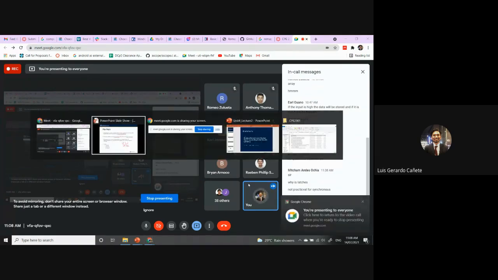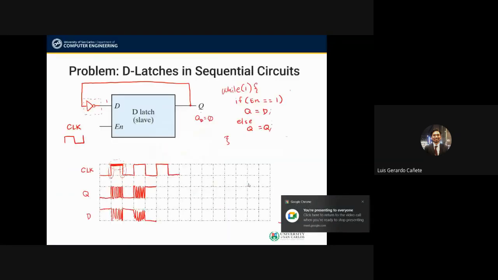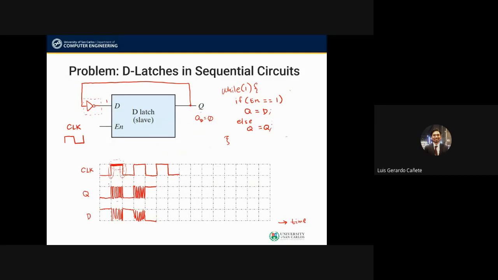So let me go back. It's not practical for synchronous because of this reason. What we want is to be able to control the sequence in a strict manner, where we would want to use a clock, right?